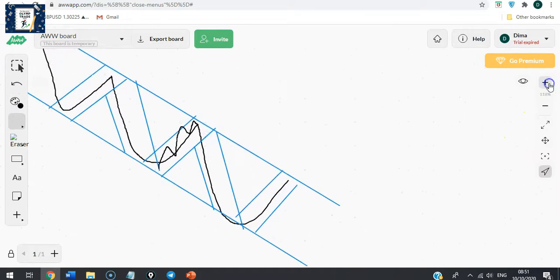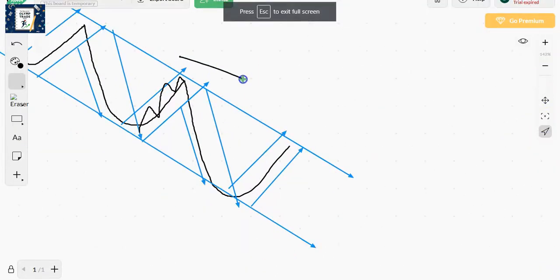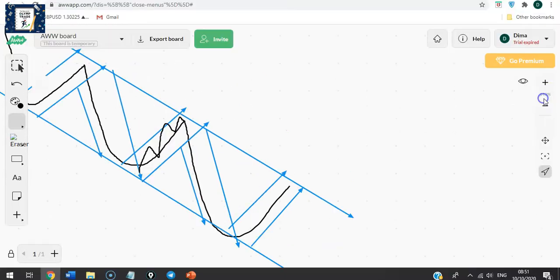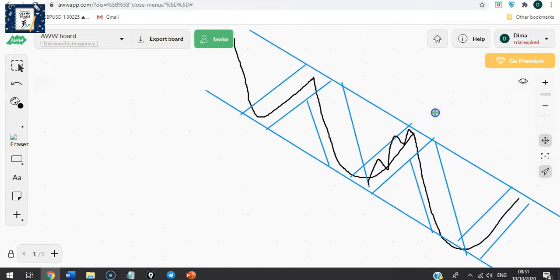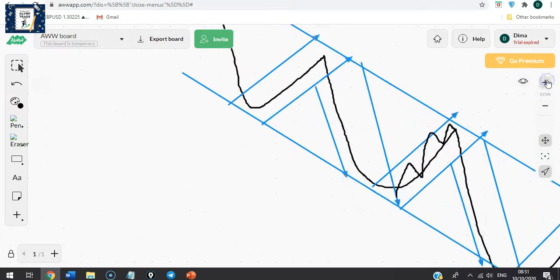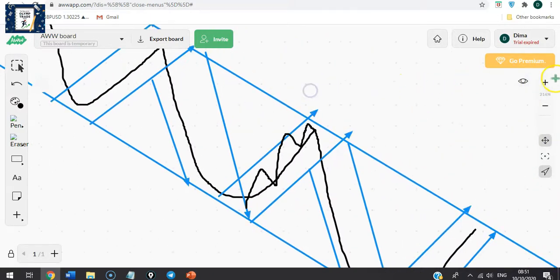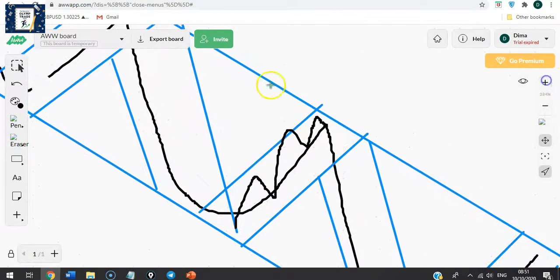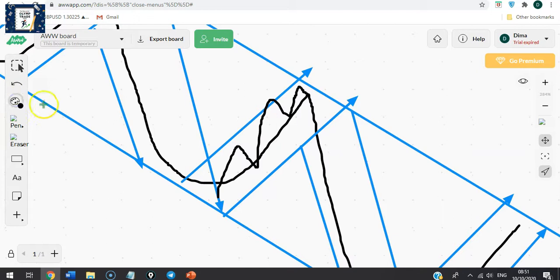Let's zoom in and pretend we are looking at this trend here, in a color that stands out. We are focusing on this trend, and we've identified an entry right here, and we want the market to go higher because that's how we will realize our profit.